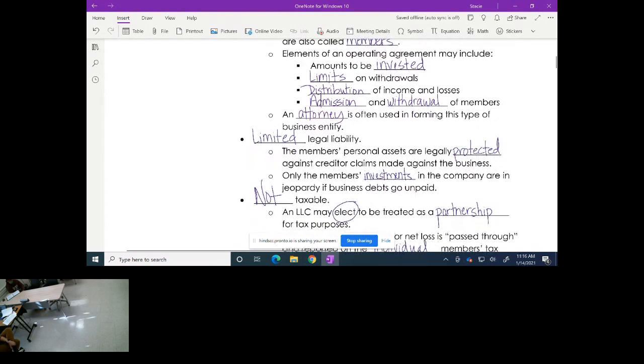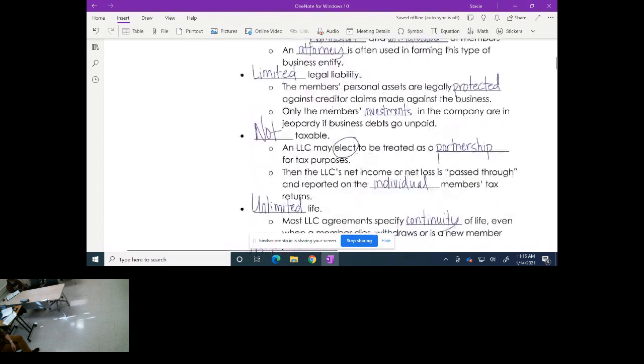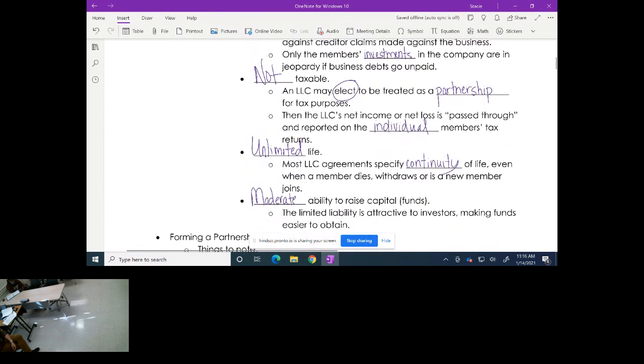All right. For taxes, an LLC can make an election with the IRS to be treated like a partnership and file a partnership tax return. But the net effect's still the same. Each partner or member is going to get their allocated share. An LLC has unlimited life, whereas a partnership is limited to the partners staying in, or it being dealt with in the agreement.